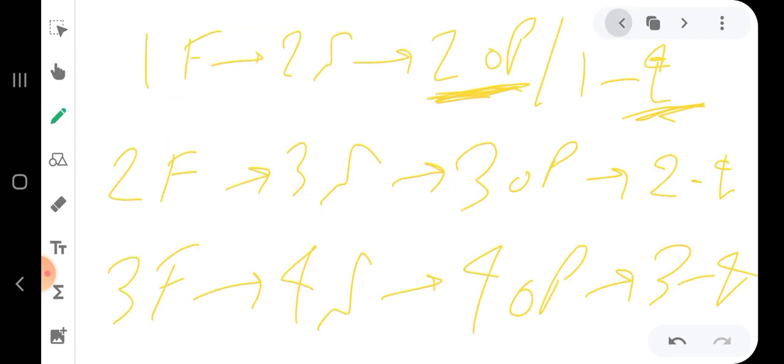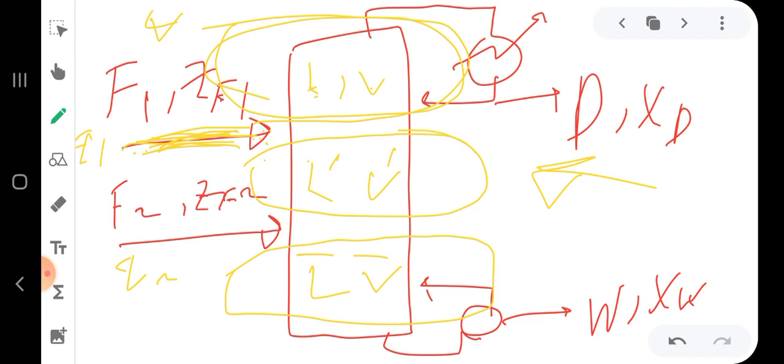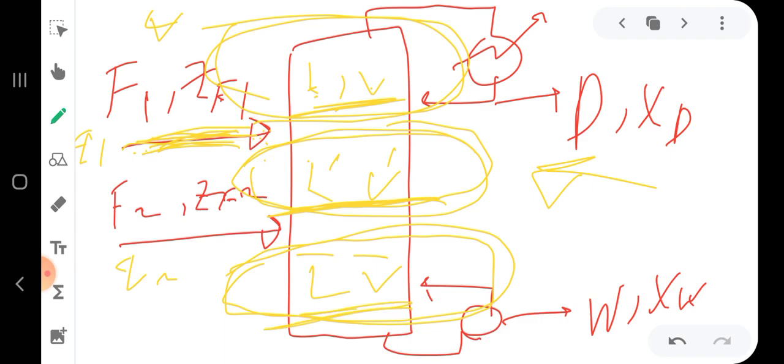Okay, so this means that each section, since it has its own value of L and V, for example, the first section has L and V, the second section has L prime and V prime, the third section has L dash and V dash. Since each section has its own value of L and V, the slope will be different for each section. In other words, the slope of each operating line will be different depending on the value of L and V. Okay, and how are we gonna determine these values of L and V?